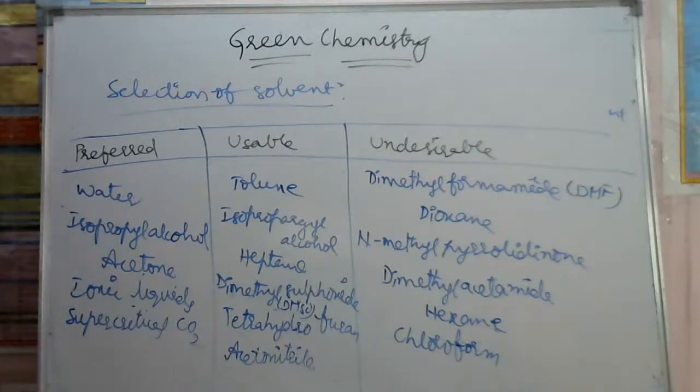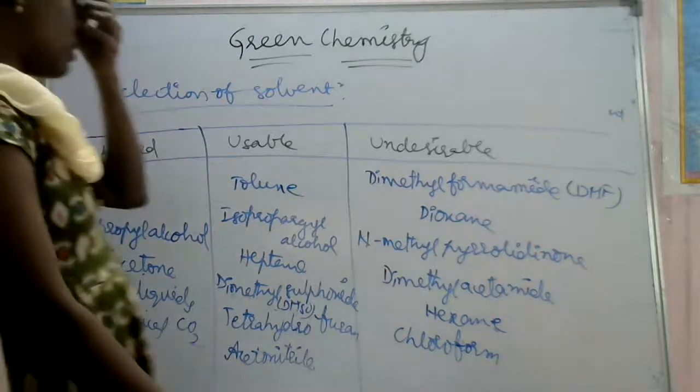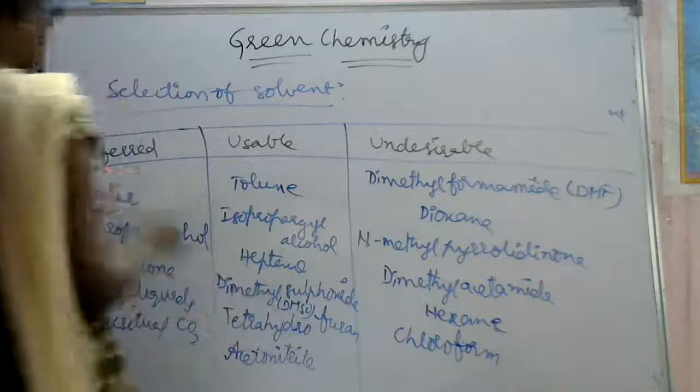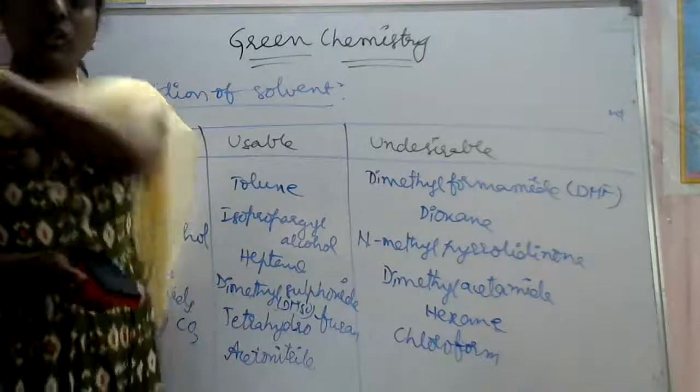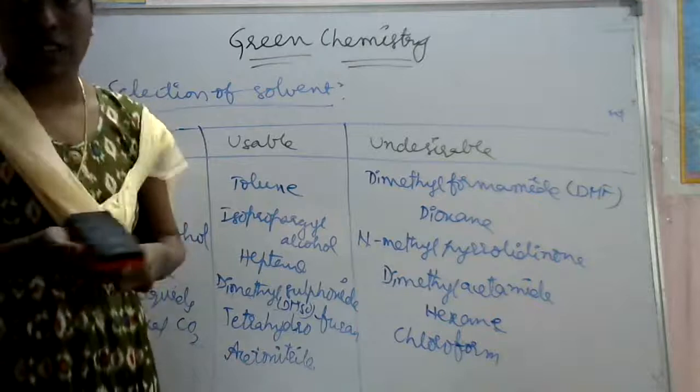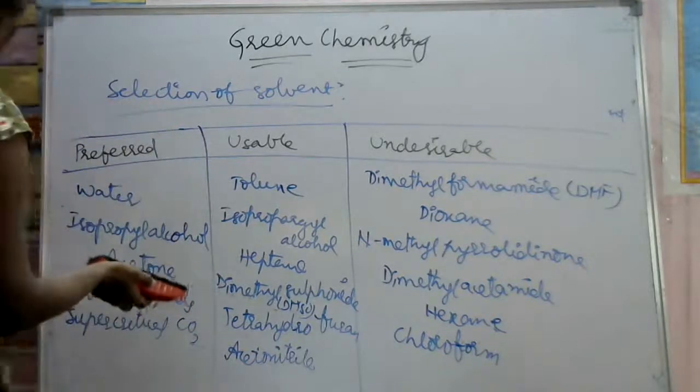So next, design for energy efficiency, the sixth one. This was about solvents, which type of solvents we have to use for green synthesis.